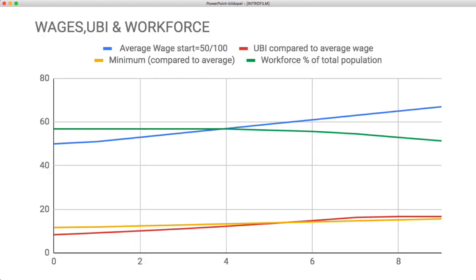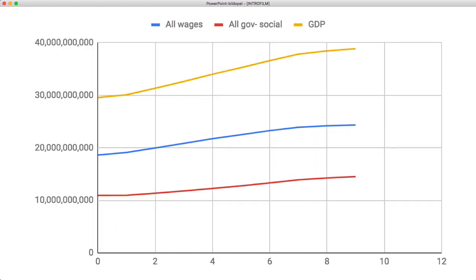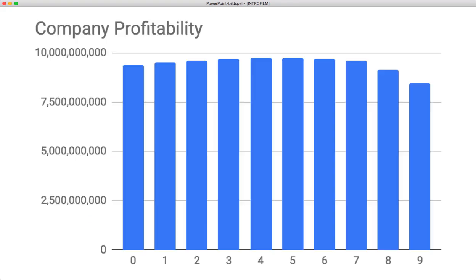We can also see what happens with wages. In this case, a group decided that the wages should go up. Despite that, workforce went down, and we see what happens to both the minimum wage and the UBI compared to average wage. GDP can go up totally, we can follow that.